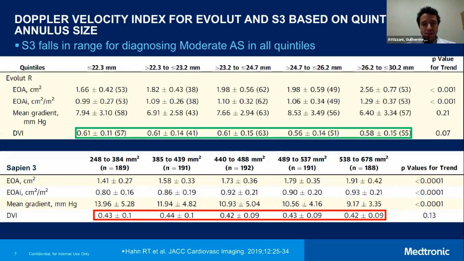And when you look at the DVIs consistently, even in the smaller annuli, you can see that EVOLUT delivers DVIs which are above 0.6 and significantly better than SAPIEN. This might have a long-term impact. We don't completely know yet what the long-term impact of that will be, but we have some data that I'm going to share with you.